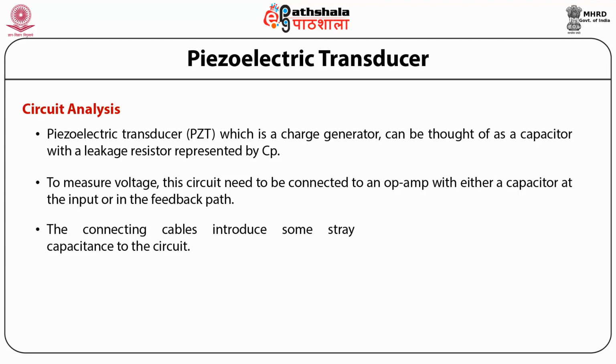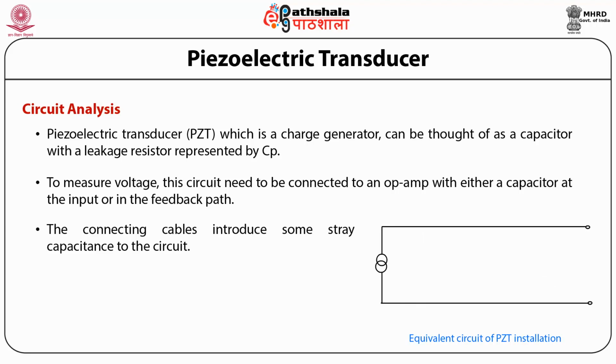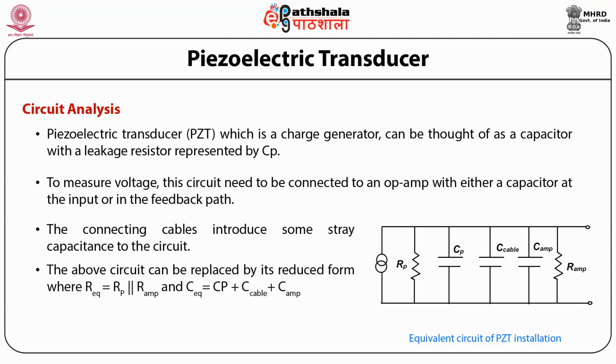So students, this figure shows the equivalent circuit of the piezoelectric transducer installation. This circuit can be replaced by its reduced form, where R equivalent equals Rp parallel to R amp, and C equivalent equals Cp plus C cable plus C amp.